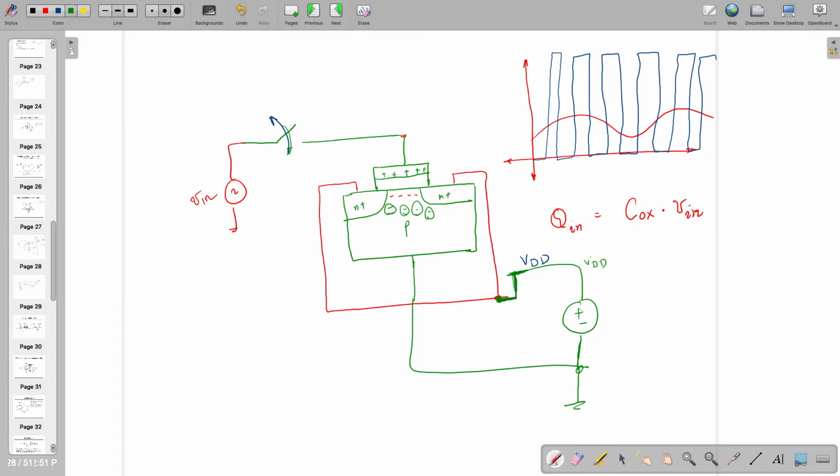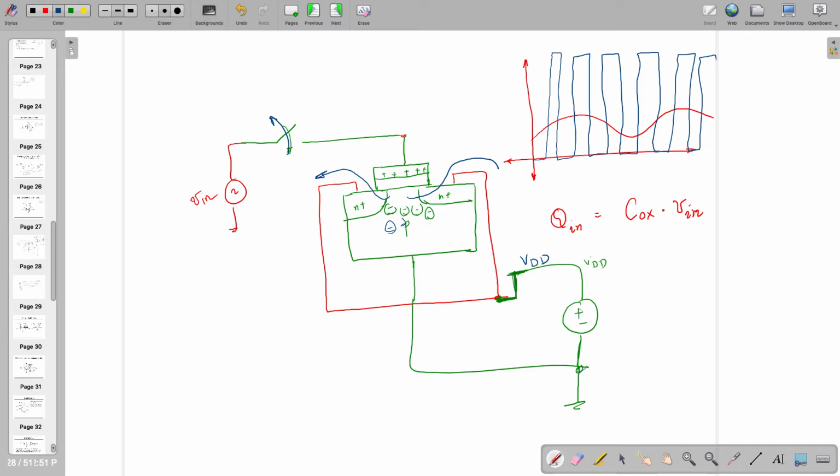This guy is going to ask all these electrons to come out. It will pull out all the electrons, and as many electrons as it's pulling here, the same number needs to go at the negative side.